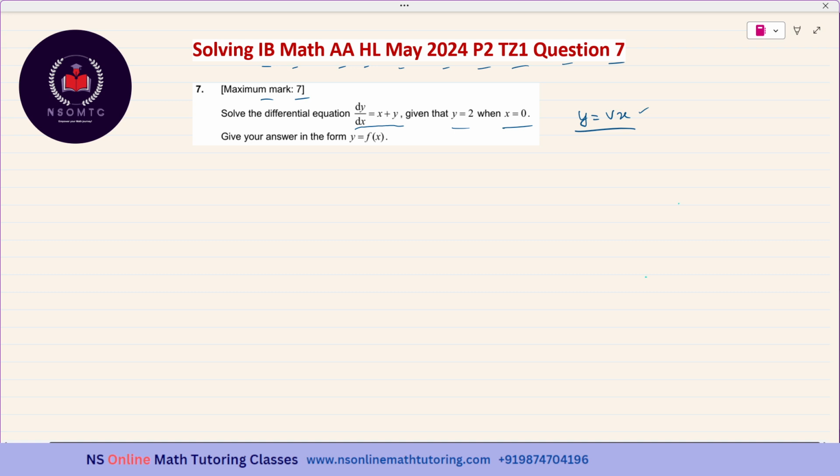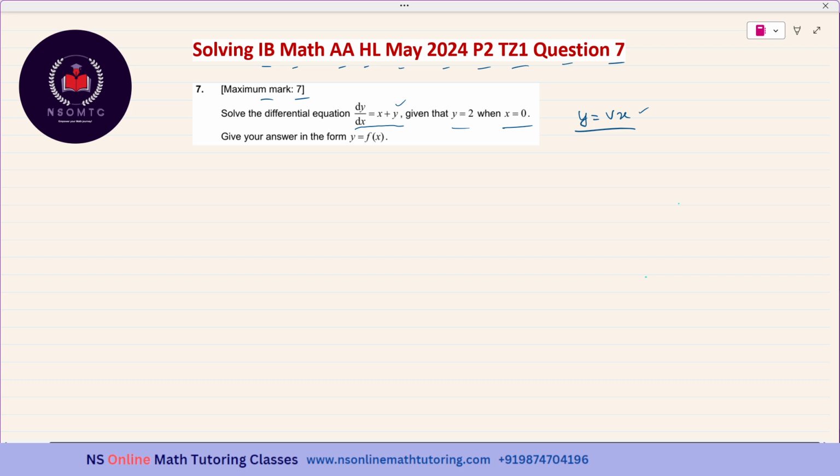But over here, we cannot represent x plus y in terms of y over x, so this is not a homogeneous differential equation. So the only other method remaining is the integrating factor method, so we will be using that.